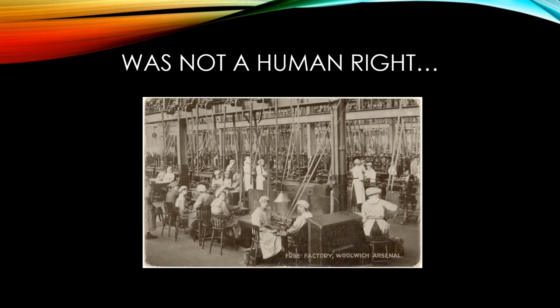Okay, however, once upon a time, a safe and a healthy workplace was not a human right. In factories in the 19th century, a lot of people lost their lives or lost their limbs, their fingers, their arms, their hands, because they worked in factories that had very hazardous machinery.